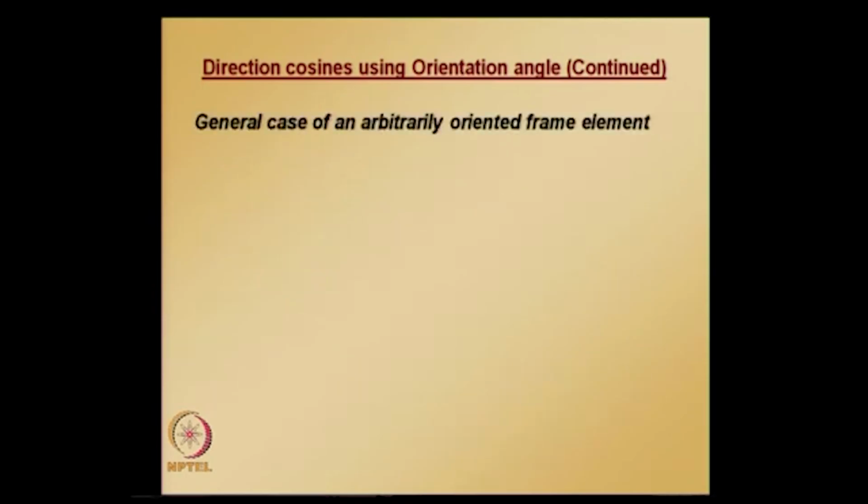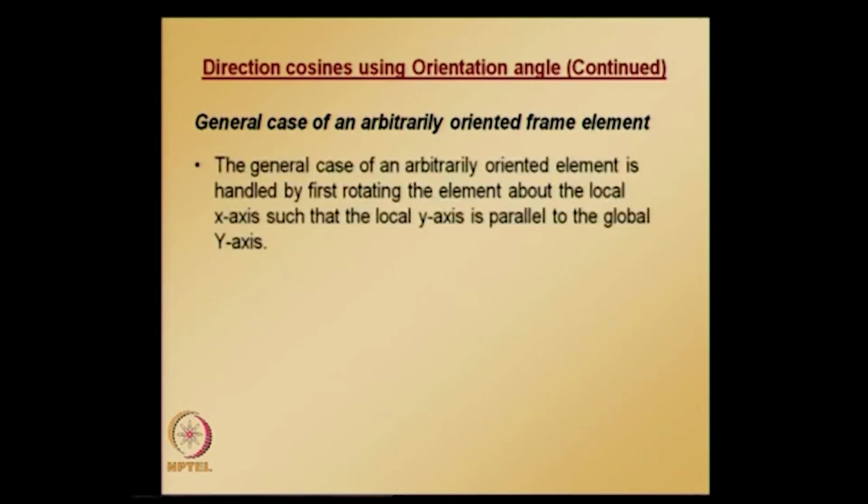General case of an arbitrarily oriented frame element. The general case of an arbitrarily oriented element is handled by first rotating the element about the local x axis such that the local y axis is parallel to the global y axis.